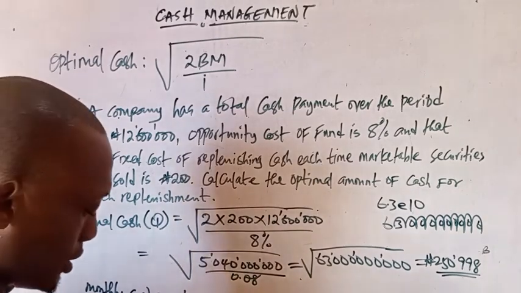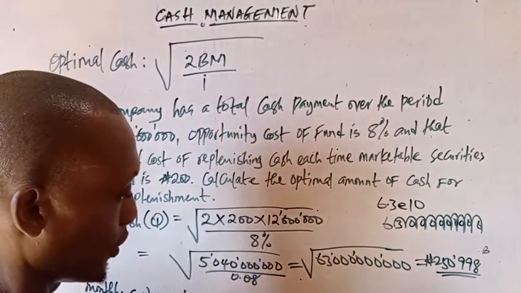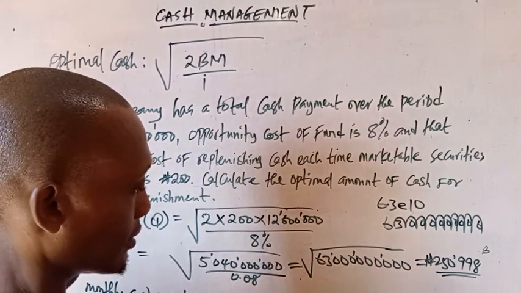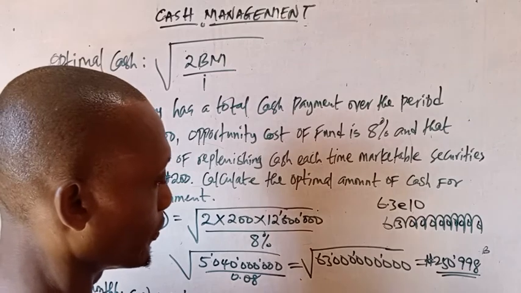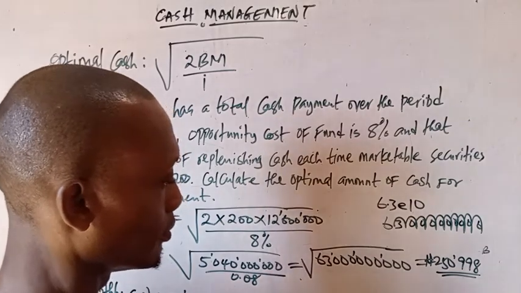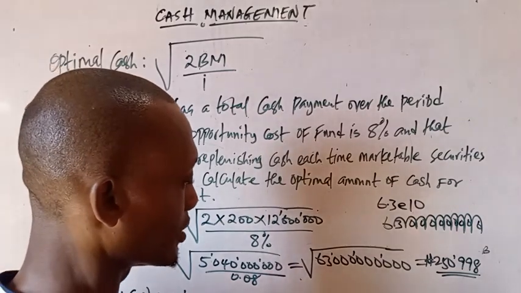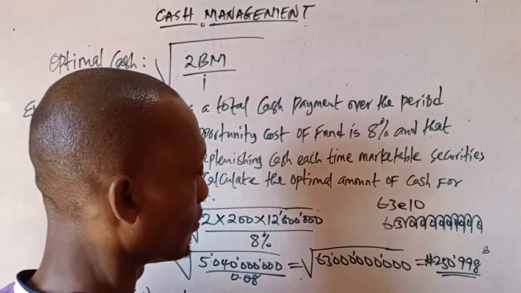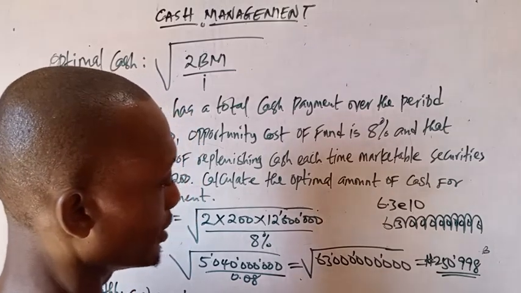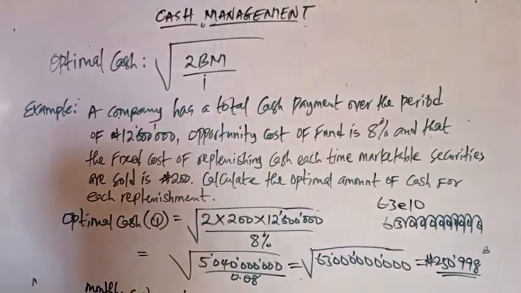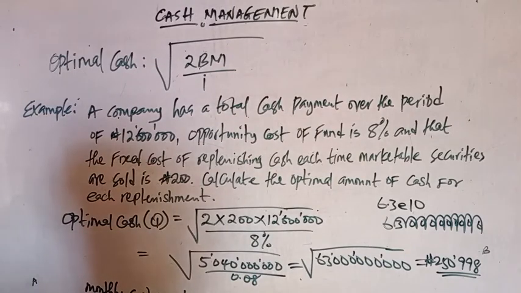This gives us approximately 4.18, so approximately 4 times. Meaning that we are going to replenish cash 4 times in a month.